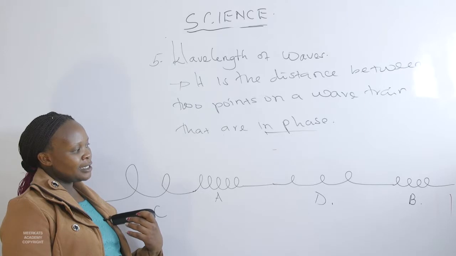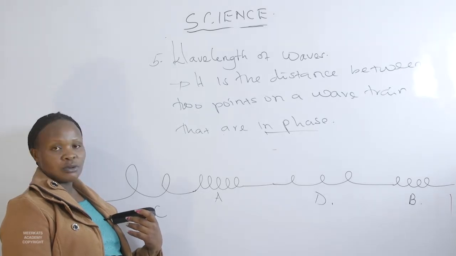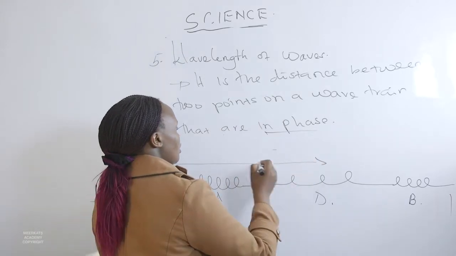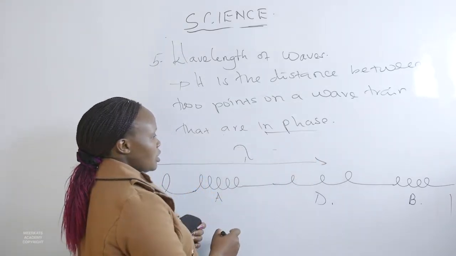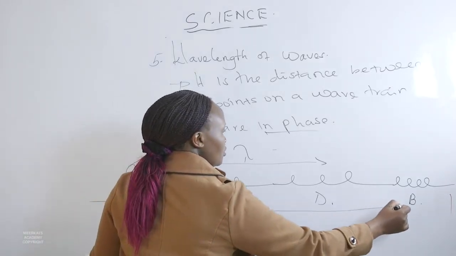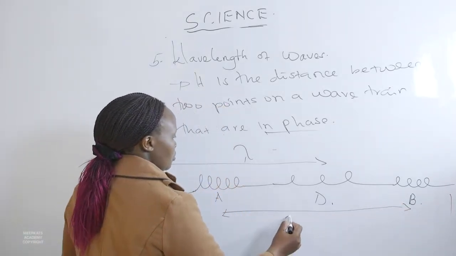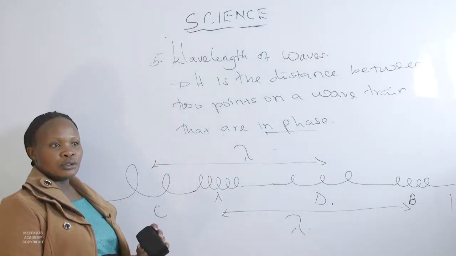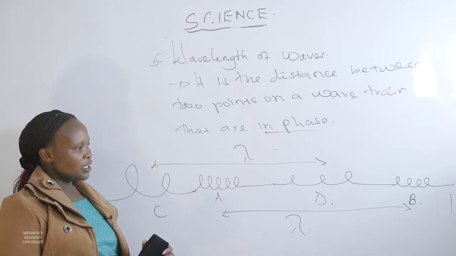The distance between them is lambda, or what we call the wavelength. Either of them shows the wavelength.